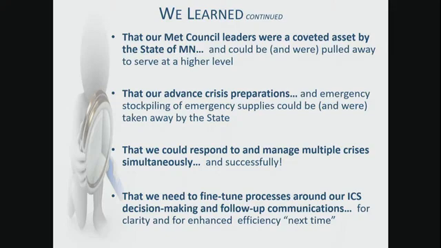We learned that we need to fine-tune processes around our incident command, decision-making, and follow-up communications. That was a pain point mentioned many times, and part of it was rooted in our day-to-day operations. Silos were mentioned earlier, but we have very distinct, different divisions.